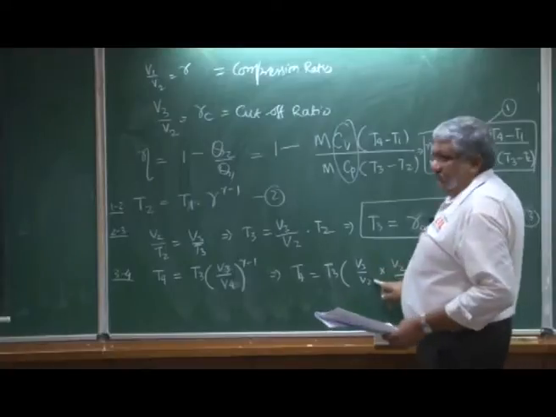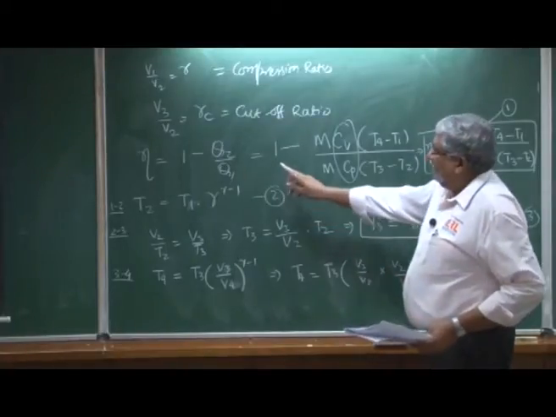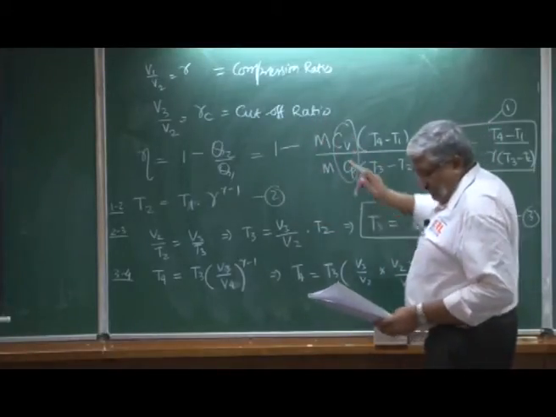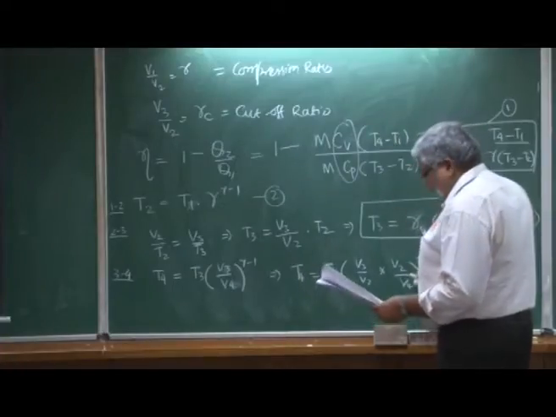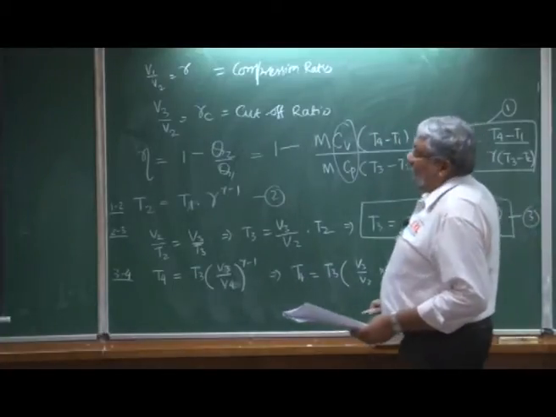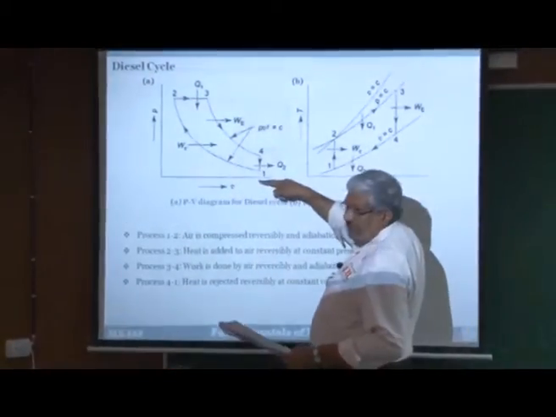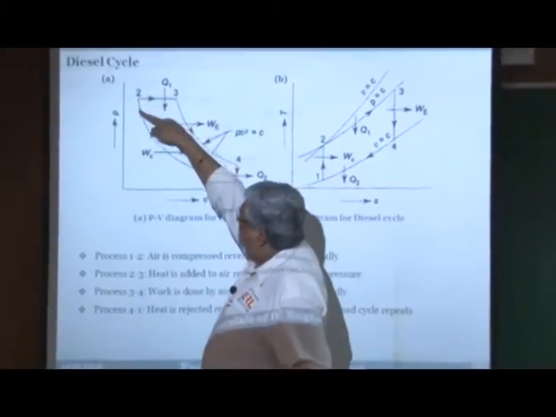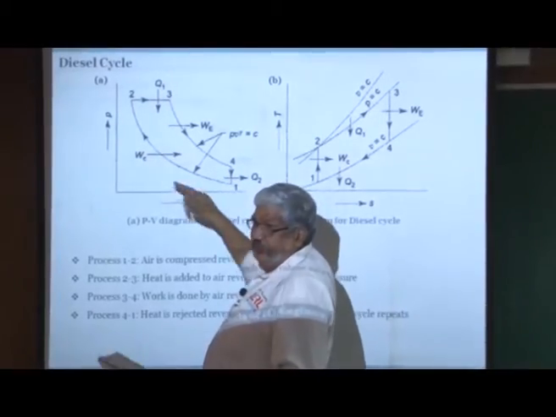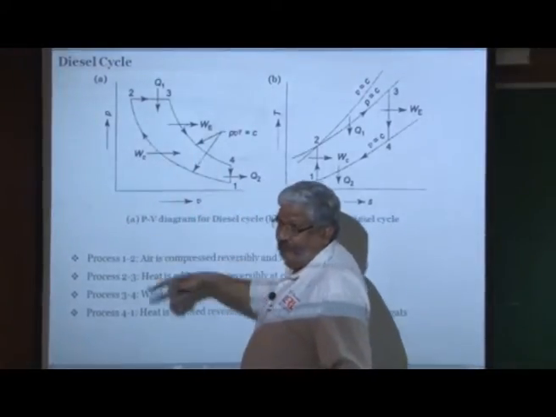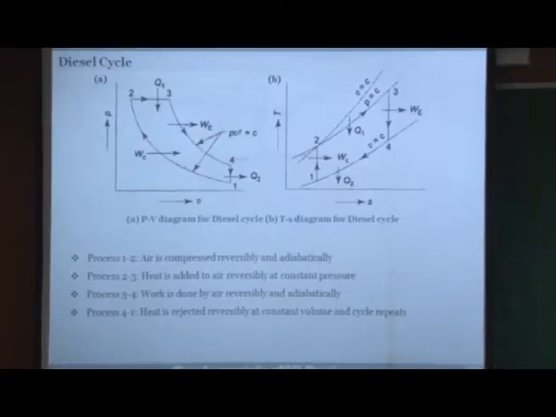V3 by V2 is the cutoff ratio. And V2 upon V4, V2 is V1, the maximum volume over the minimum volume, so this I can write as the compression ratio.